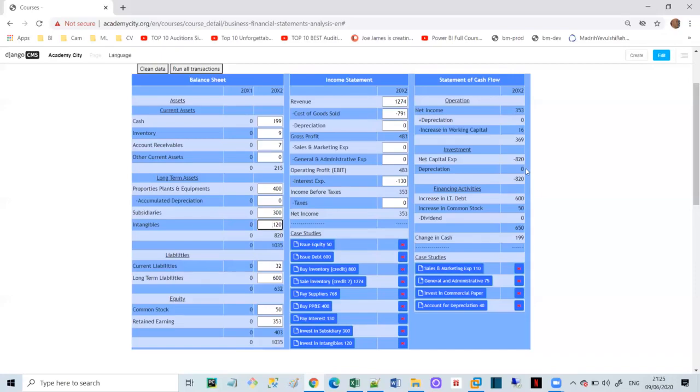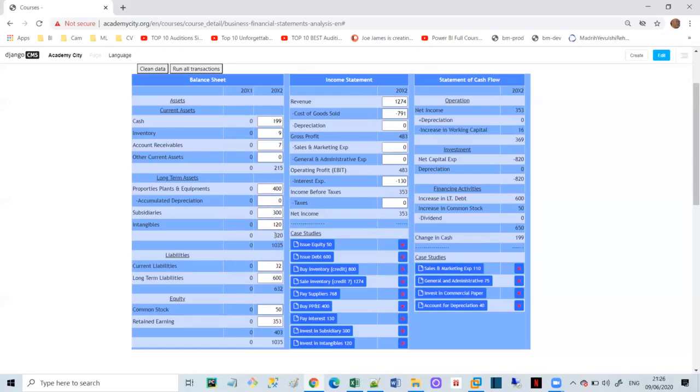We invested more money into additional assets. What's the 1,035 below long-term assets? It says 1,035 below long-term assets. This one, in fact, is the sum of the current assets plus the long-term assets.